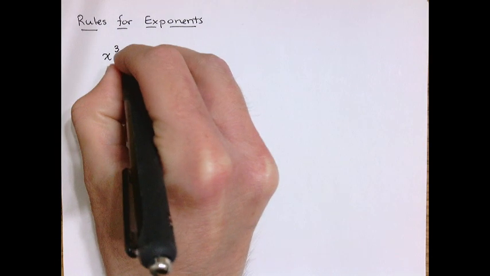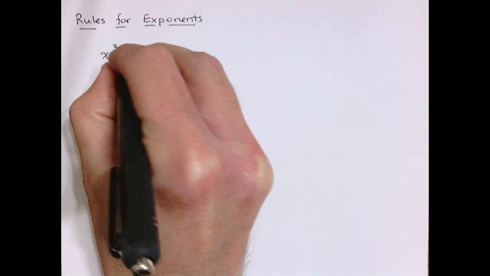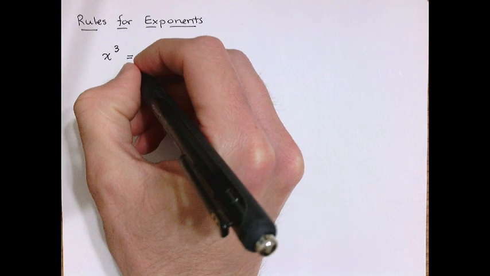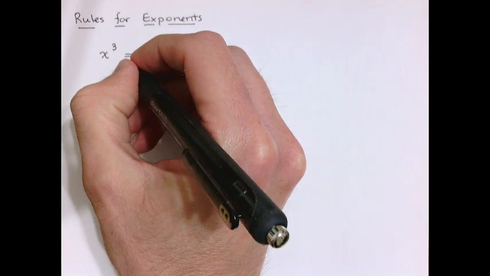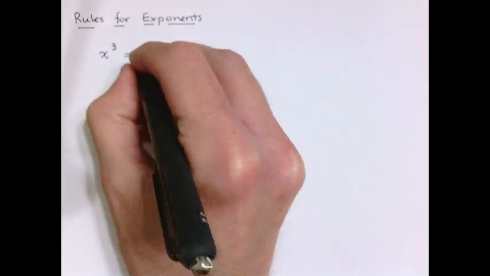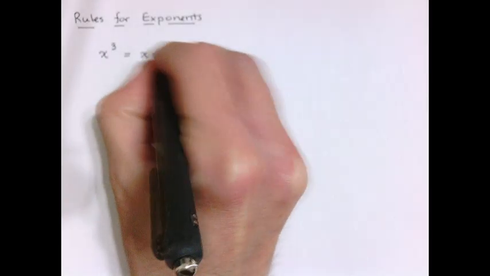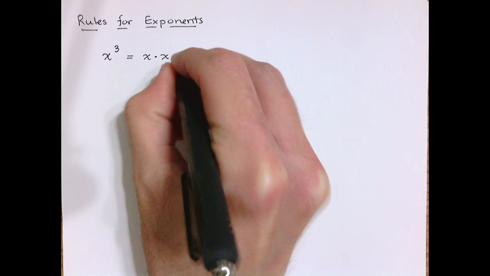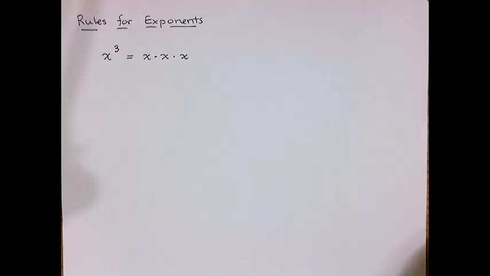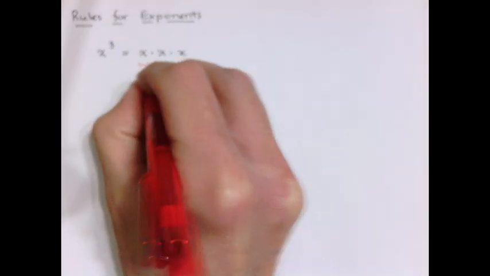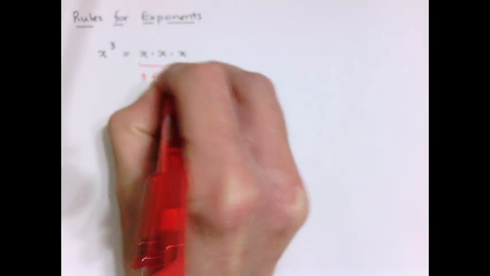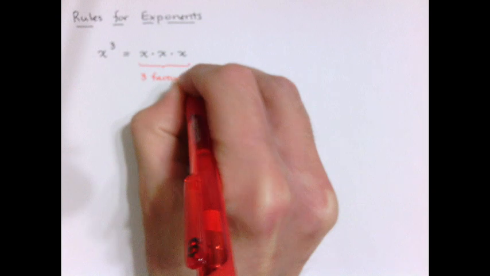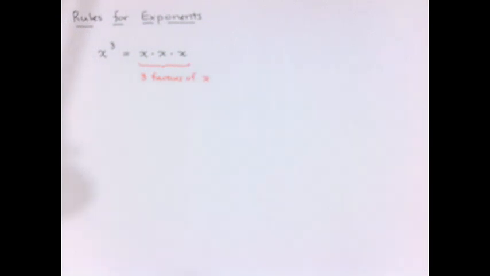A lot of times people would say this means x times itself 3 times. But really a better way of saying it is not to say x times itself 3 times, but to say that you would have three factors of x.